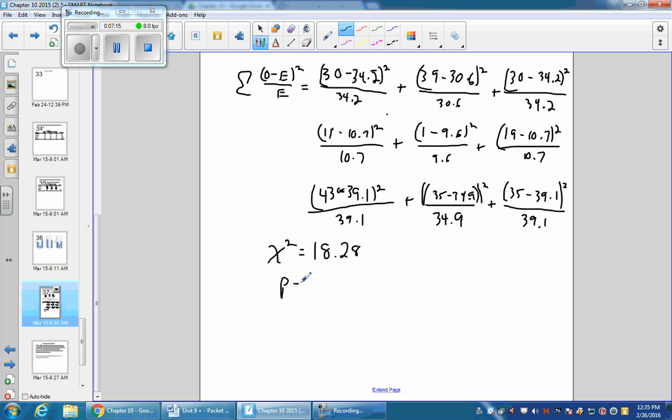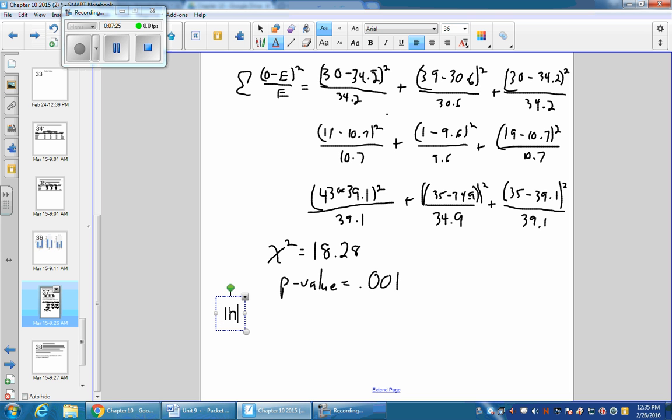So my p-value would be 0.001. We do our last step, which is to interpret. Our interpretation: we reject the null hypothesis.